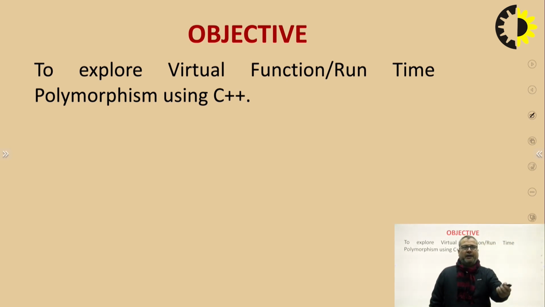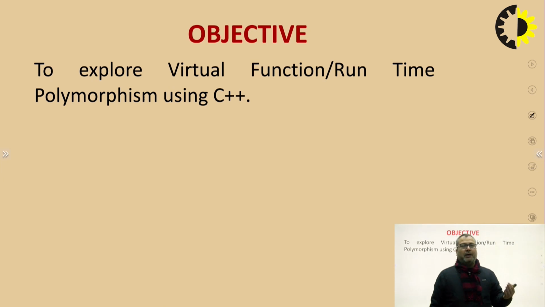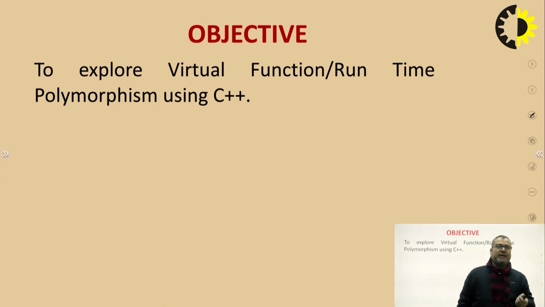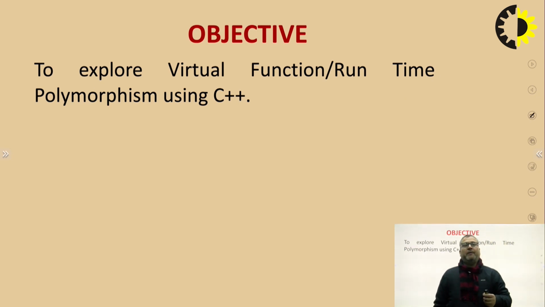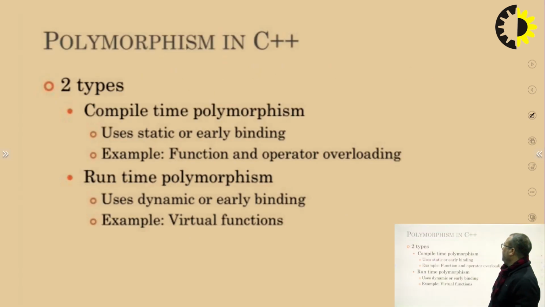Then we will discuss specifically the virtual function, how we can create the pointer to a base object that could be used to store the address of the base object as well as the derived object, and by using the concept of function overriding, we could achieve runtime polymorphism.